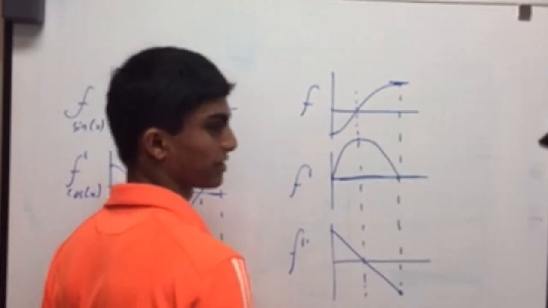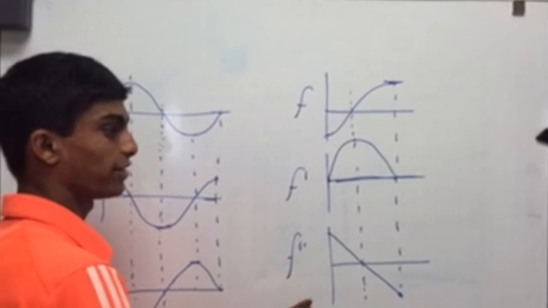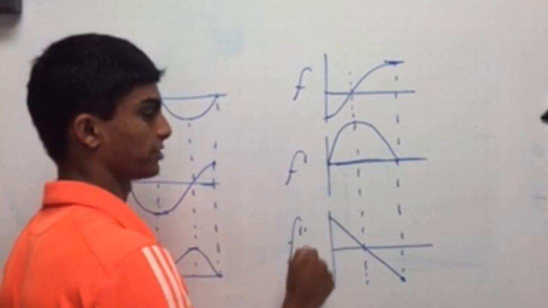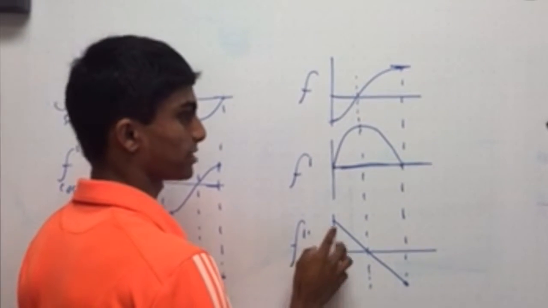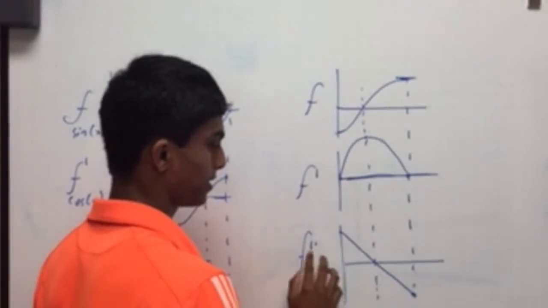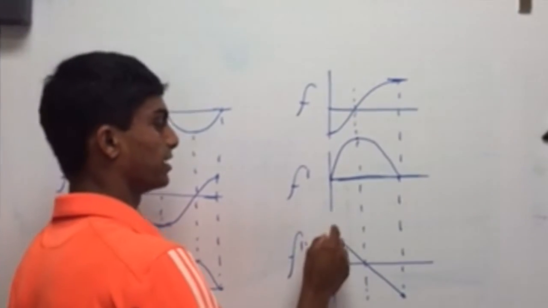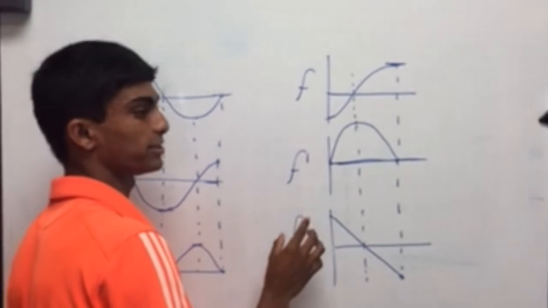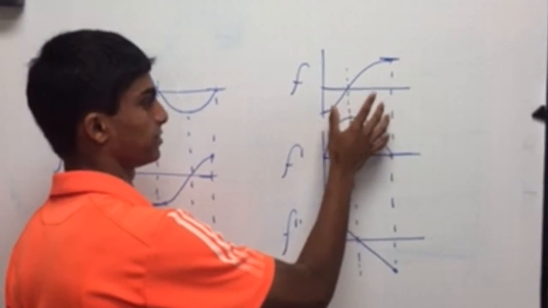of the graph. As we move on to f double prime, we now get the acceleration of the position graph. And the acceleration is just a regular negative slope line, which represents that it had a constant negative acceleration throughout the duration of the graph.